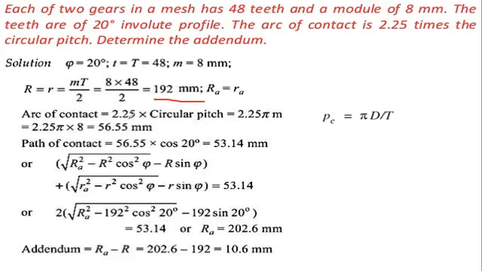Then the arc of contact is taken as 2.25 into the circular pitch, because the arc of contact is 2.25 times the circular pitch. So it is 2.25 pi times the module.